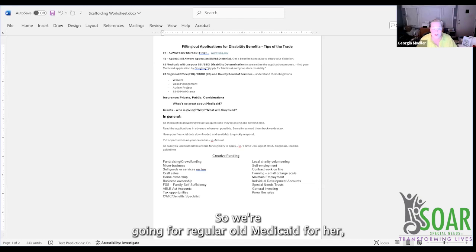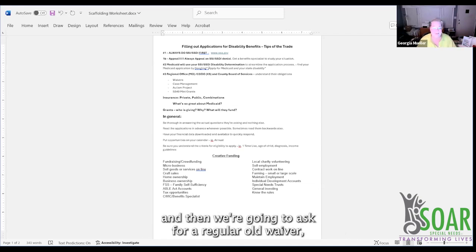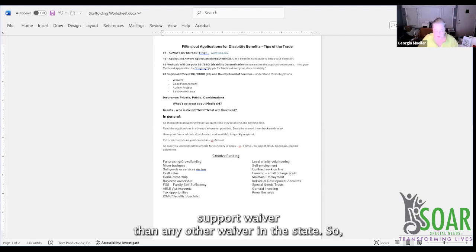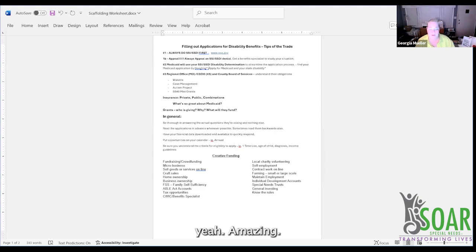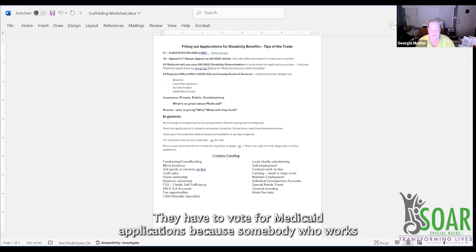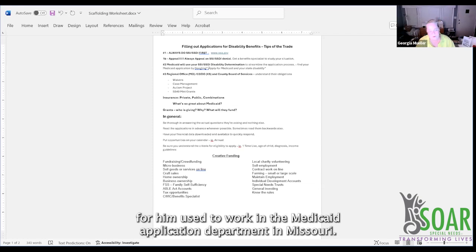So we're going for regular old Medicaid for her, and then we're going to ask for a regular old waiver, and there are far more slots available on the community support waiver than any other waiver in the state. Amazing. I'm super excited to see how this goes. He also has a streamlined process in his office for Medicaid applications, because somebody who works for him used to work in the Medicaid application department in Missouri.